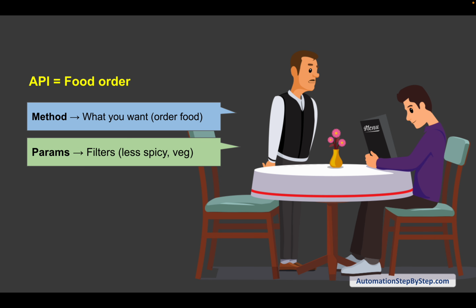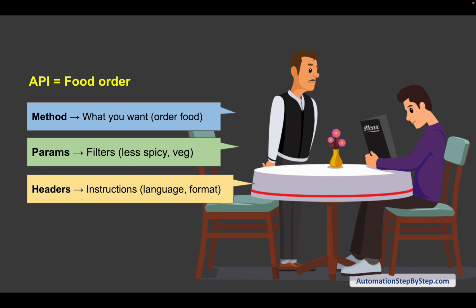Now, the filters you want on your order, like you would say that I want medium spicy or less spicy. So all this will be the parameters or the filters. We call it query parameters in APIs, and this goes along with the request. Then we have the headers, which are like instructions for the server.